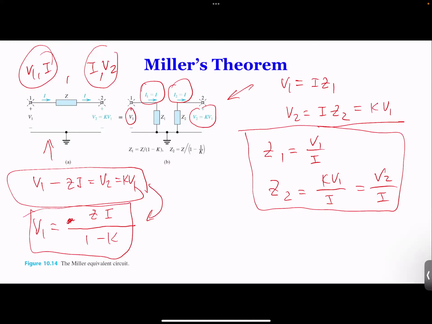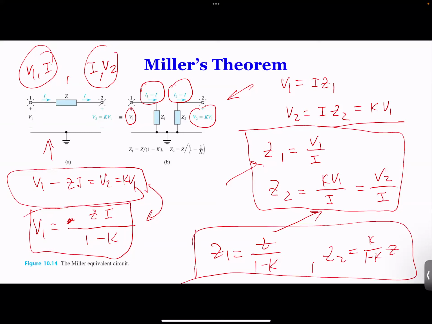Now we plug this V1 in here. We can get Z1 equal to V1 divided by I, so I cancels, and V1 equals Z divided by 1 minus K. And Z2 equals K times Z divided by 1 minus K. So we got this.